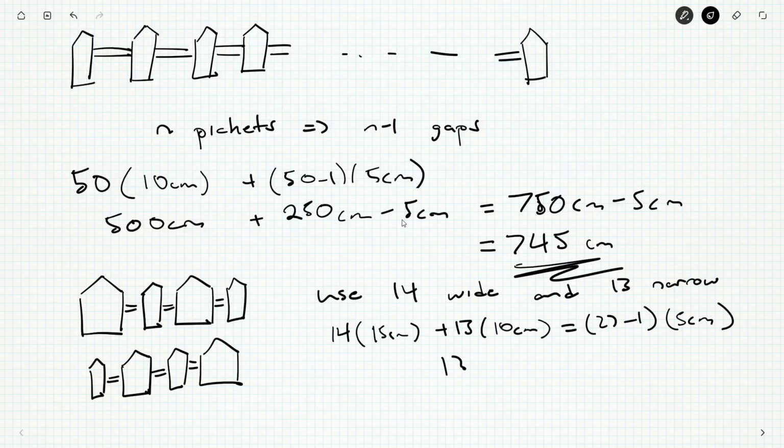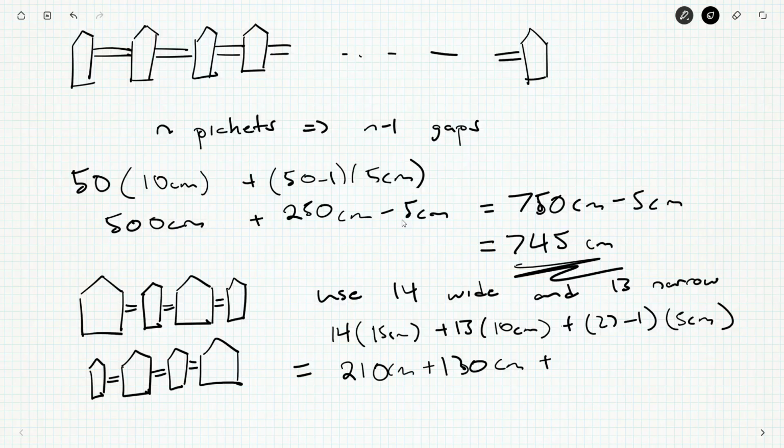Okay, well that's 130 centimeters. We're going to do that really quickly. This shouldn't be an equal sign. This should be a plus sign. 14 times 15. That's 15 squared, 225, minus another 15. So that would be 210. I guess bring the 2 over and it'll be 7 times 30, which is another way of saying 210.